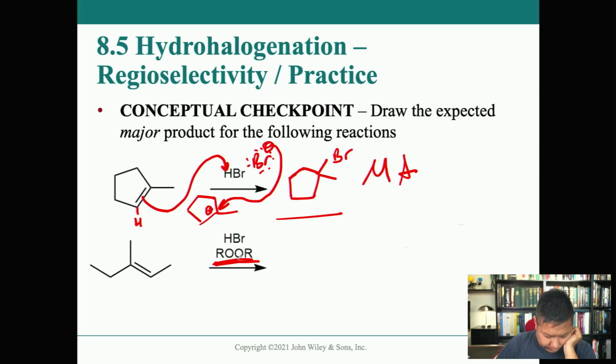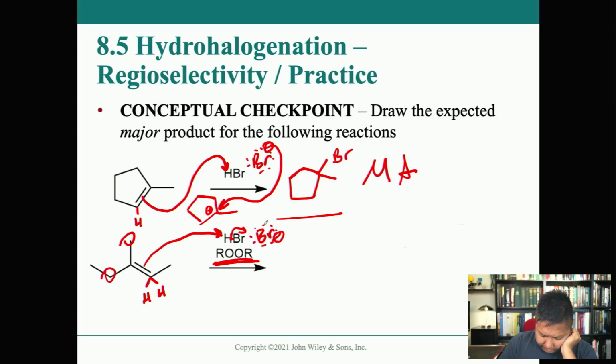And so that's pretty simple, because we know over here the less substituted side is this one because there are 2 protons there, and here we have more substituents. Again, we'll do our little thing here and pull off this proton, and then we'll kick off the bromine, and then we'll get this bromine with a minus charge.